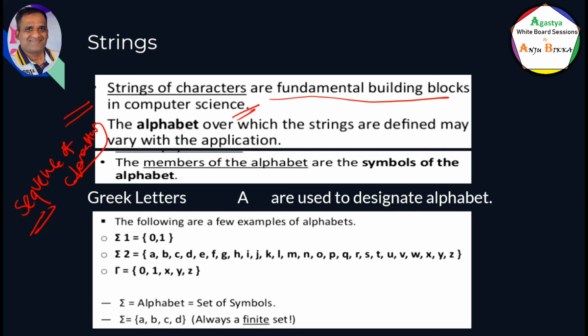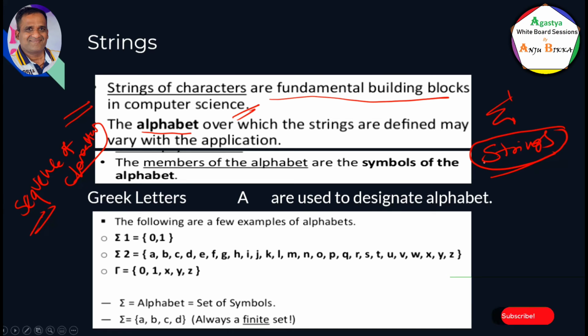Now when we are defining a string, first we need to have an alphabet. So strings are always defined over an alphabet, only one alphabet. This is very important.